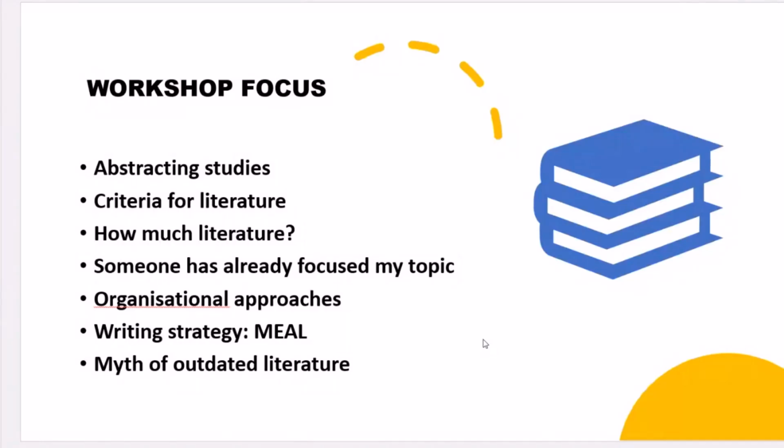But I added 4 topics, subtopics or subjects that we will also look at. And the entire session will focus on abstracting studies, criteria for literature, how much literature, and I think this, how much, might have been a question that was hovering in our minds.